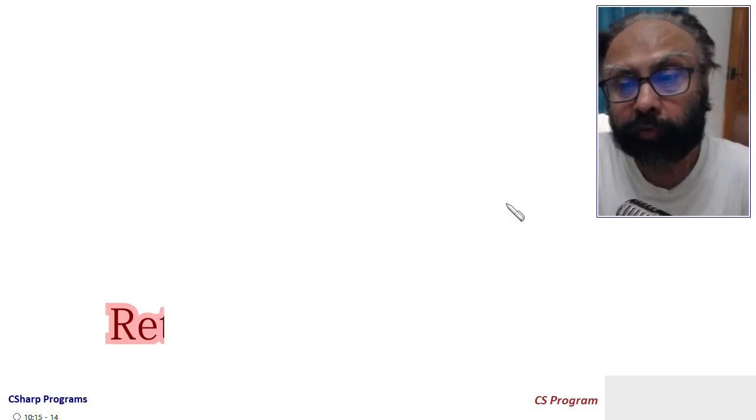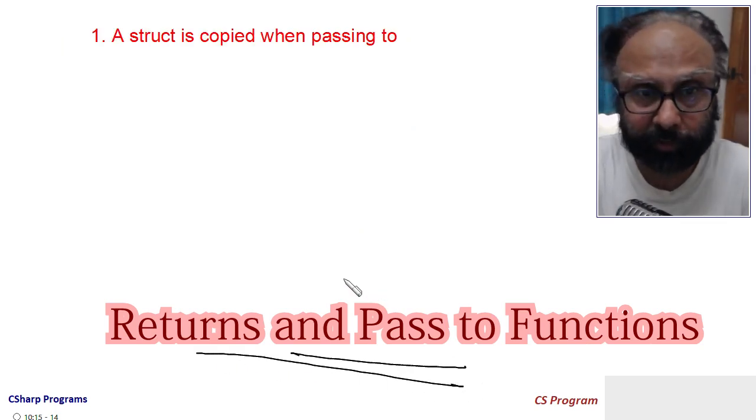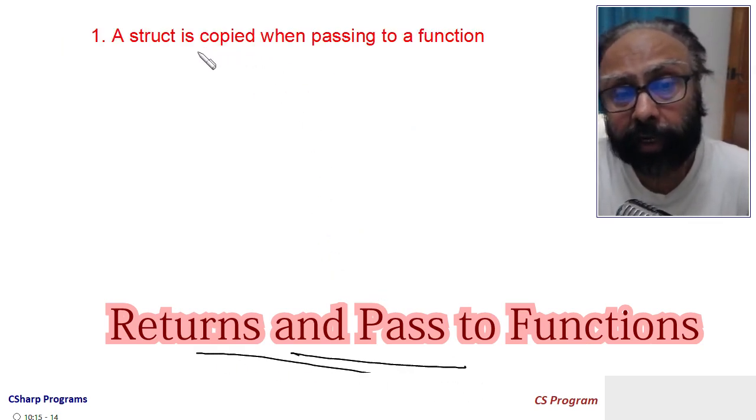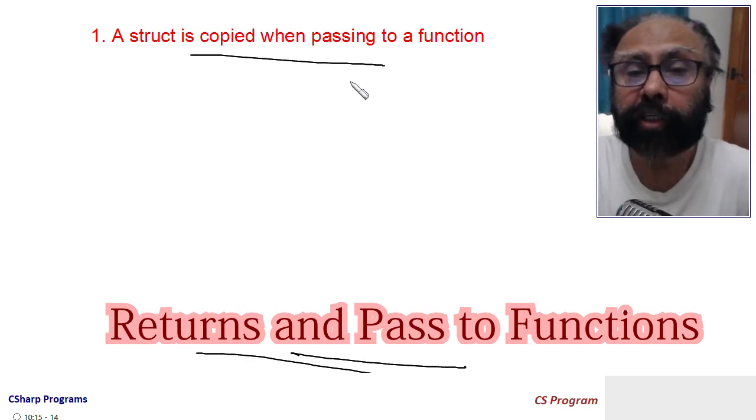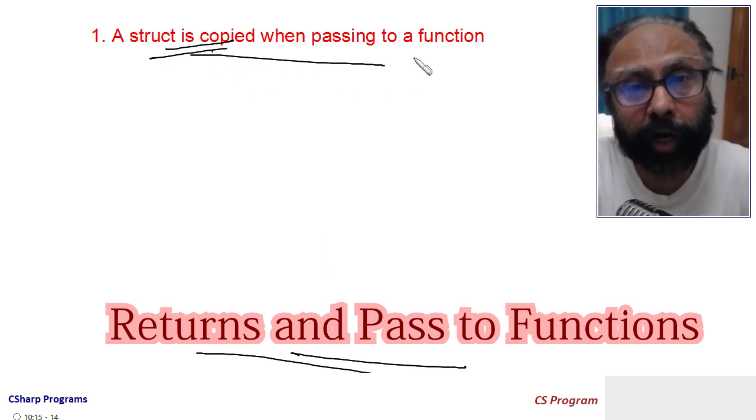Let us now move to the third part, which is returning and passing to functions. Whenever a struct is passed to a function, it is copied. A copy is created and passed to the function.